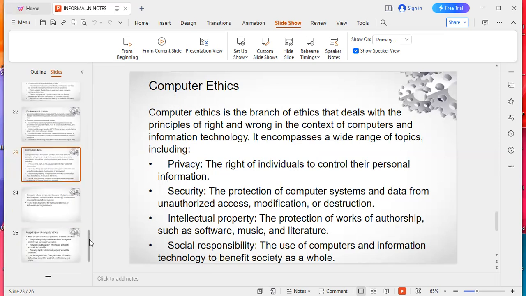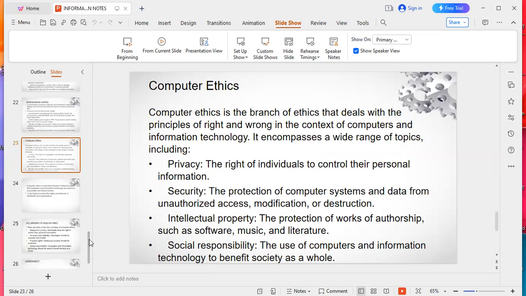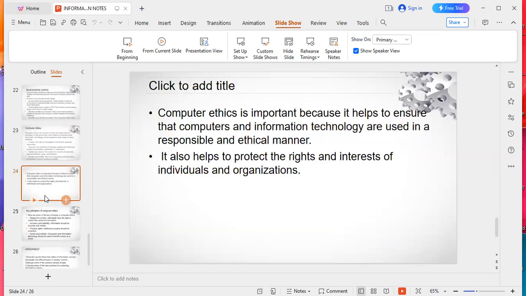This is the use of computers and information technology to benefit society as a whole. Computer ethics are important because they ensure that computers and information technology are used in a responsible and ethical manner by all of us.